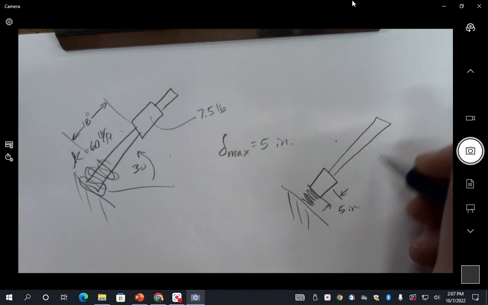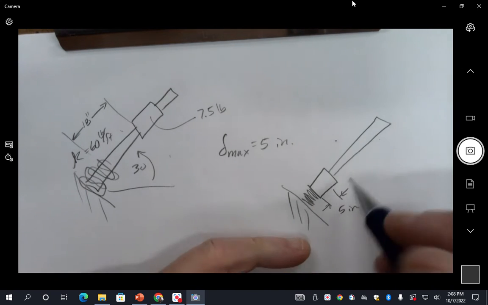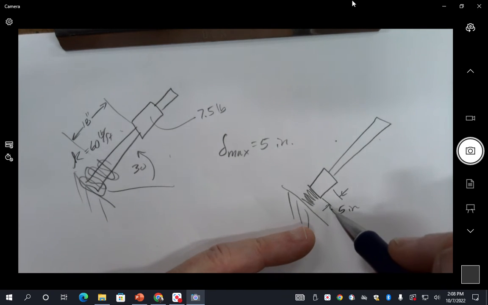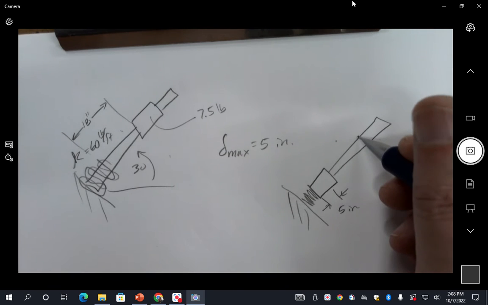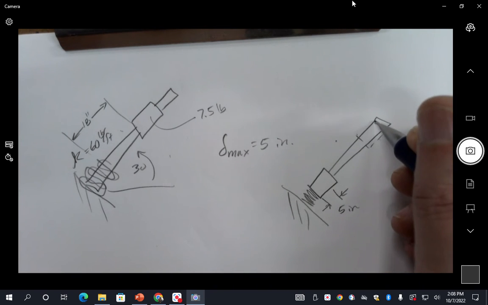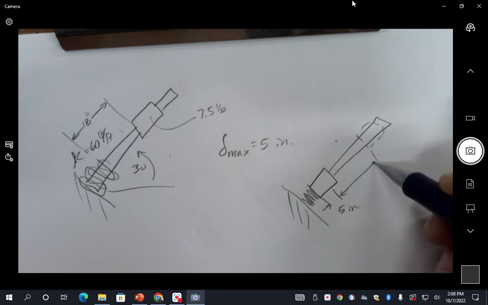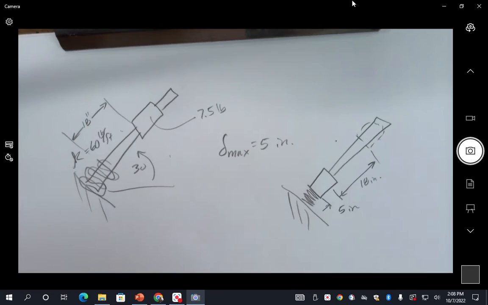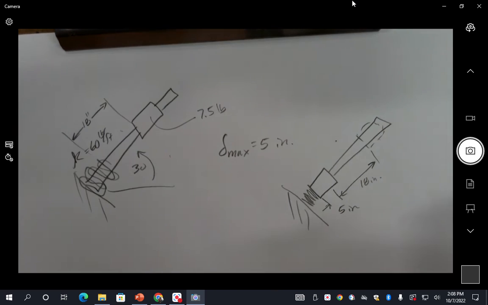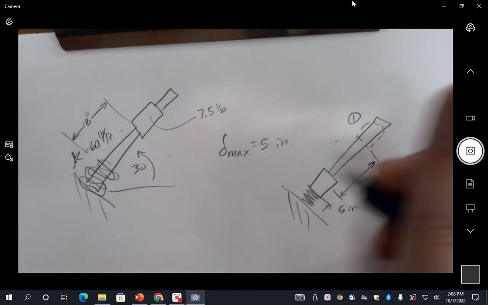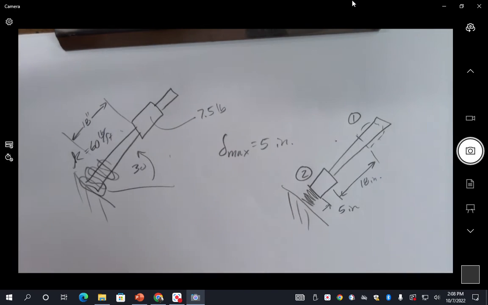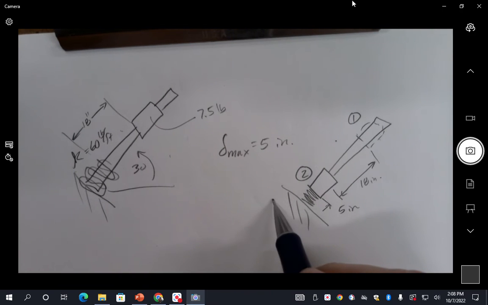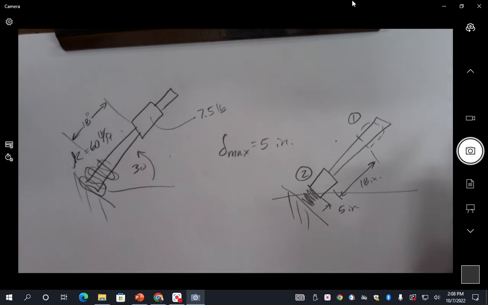And we're measuring it from the bottom, let's say the bottom of the collar. So up here was where it was before, right there, so there's the 18 inches. We'll call this state 1 and this state 2. And maybe you want to, right here, mark that as the datum.